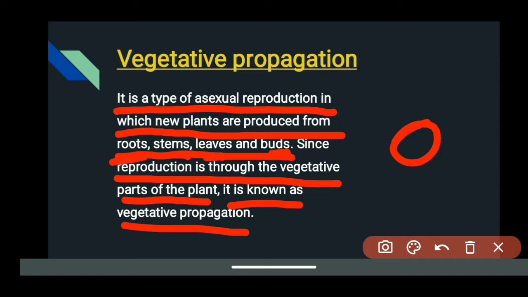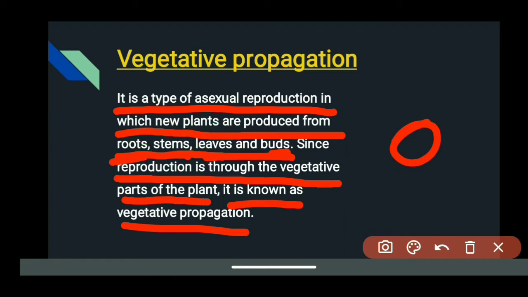I have told you earlier which are the vegetative parts of the plants: root, stem and leaves. These three are the vegetative parts, and the flower is not a vegetative part of the plant. The flower is the reproductive part of the plant. Remember that point.